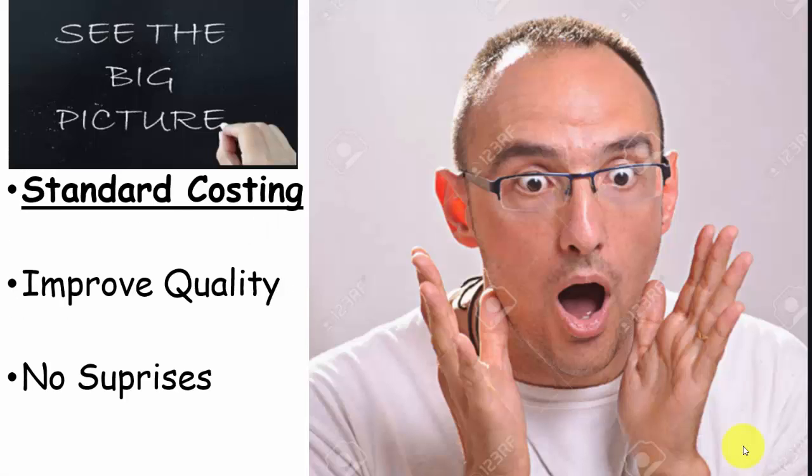The next question in this review of most missed questions deals with standard costing. And just to give you a brief summary of what standard costing means, a company would develop standard costing if they want to improve quality and basically have no surprises.